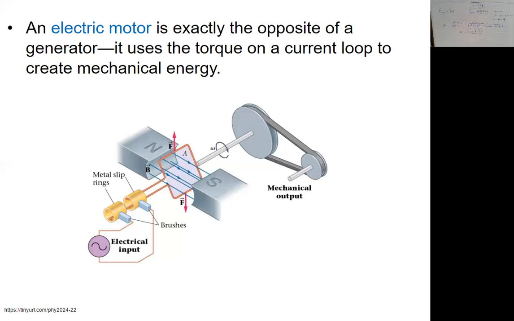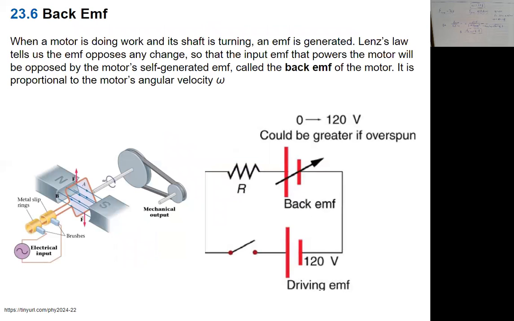The next section, let's take a quick look at back EMF. If you have an electric motor, the current here will produce the torque on here, so this guy will be moving. Because the coil is moving, this again will be an electric generator, because you will generate electricity in that sense. That's again kind of Lenz's law, so it opposes the change.